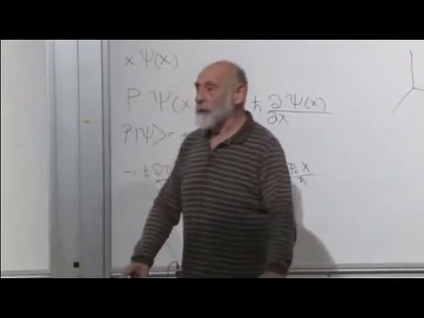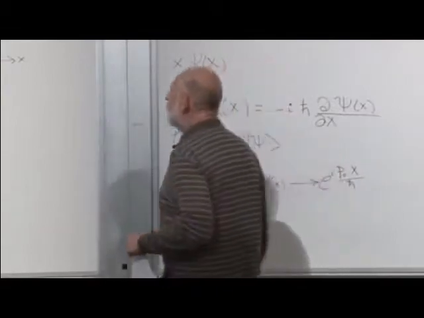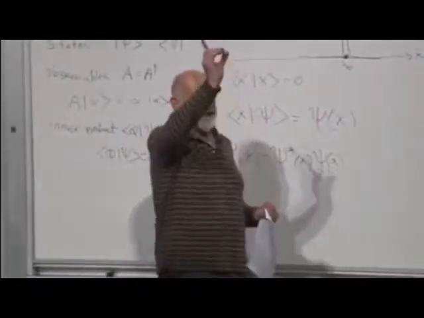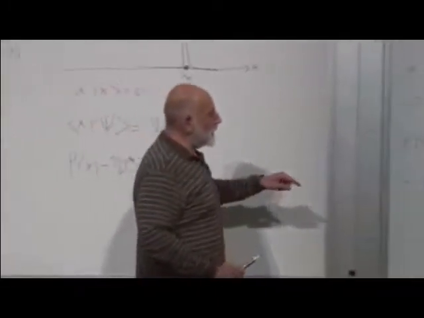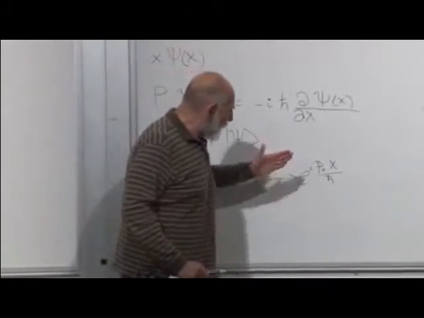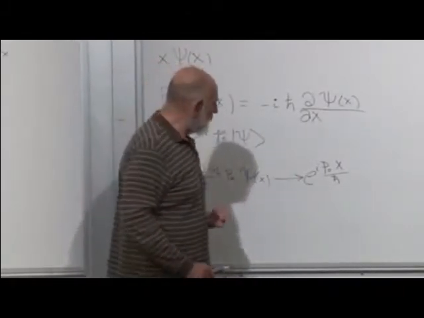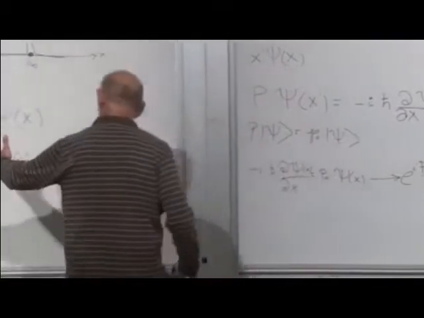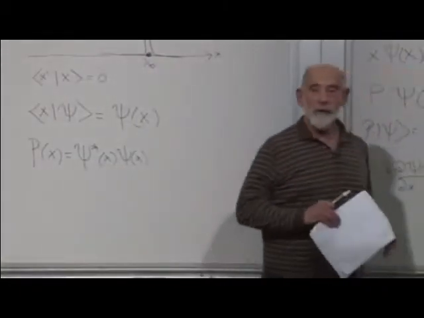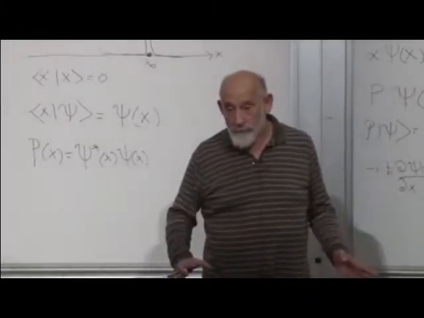Now you'll notice, of course, that there's a huge difference between the eigenvectors of position, which are these narrow little spiky functions, and the eigenvectors of momentum. In particular, let's take the probability that's associated with e to the i p naught x. Multiply it by its own complex conjugate. What happens? You get 1.